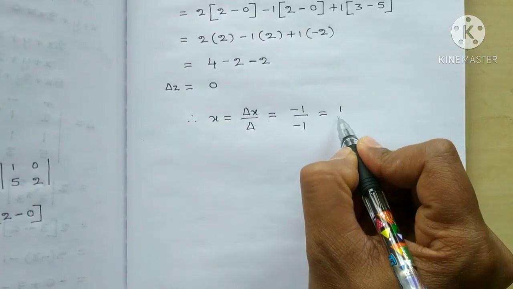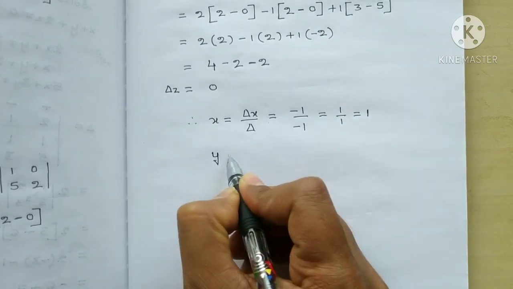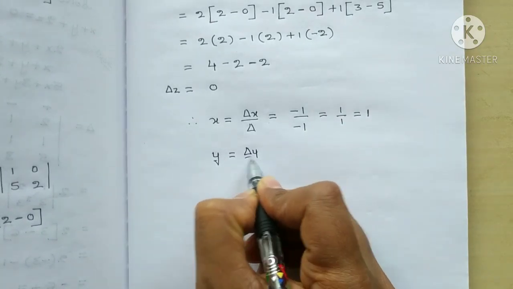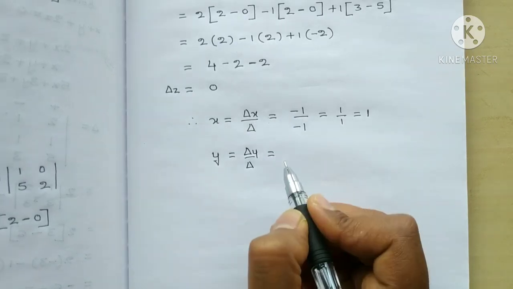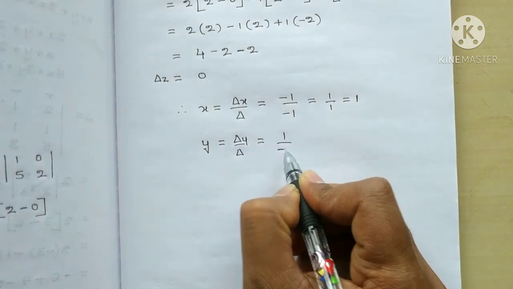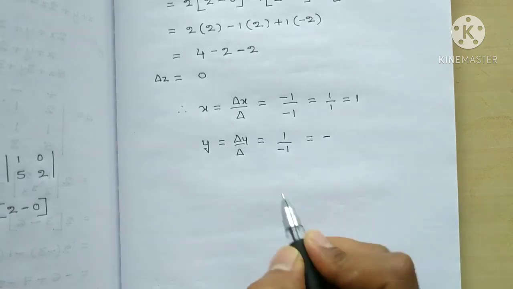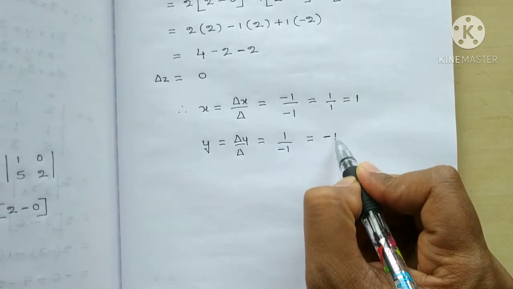So 1 divided by 1 is equals to 1. Next, y value. Delta y divided by delta. So delta y value is 1. So it is 1 divided by delta value is minus 1. So is equals to plus divided by minus is minus, 1 divided by 1 is 1.